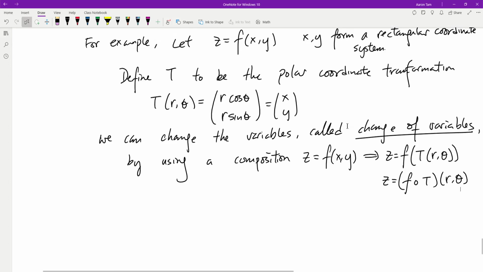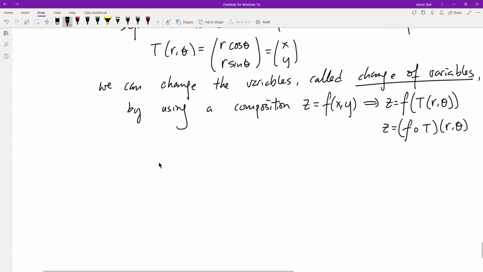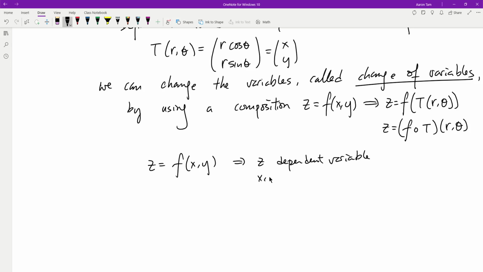So what is the big difference between these two things? In this expression right here, z is the dependent variable, and xy are the independent variables.